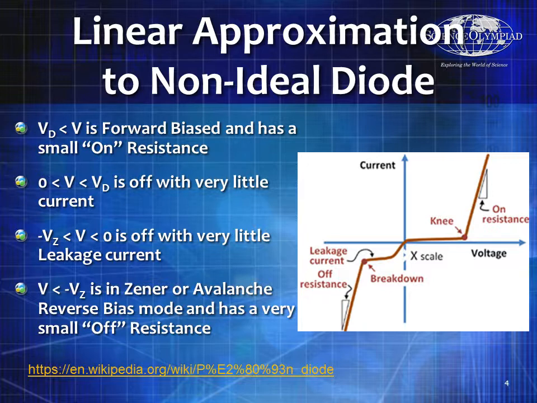Now, if the voltage goes less than zero, but stays above the Zener or avalanche reverse bias voltage, it's very negative with very little leakage current. It's referred to as leakage current because you're going backwards. So now you're talking very, very small amounts of current, like microamps or picoamps.